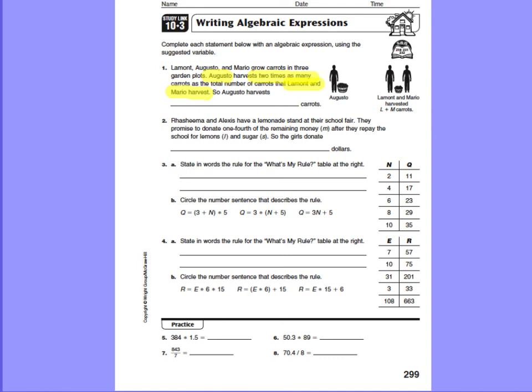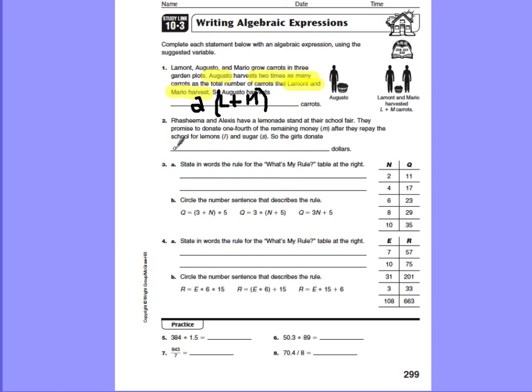Okay, so he is equal to 2 times as much. So if we were to add Lamont's plus Mario's together and multiply it by 2, because it is 2 times as much, that would help us understand how much Augusto had. Okay? Taking a look at the next one.